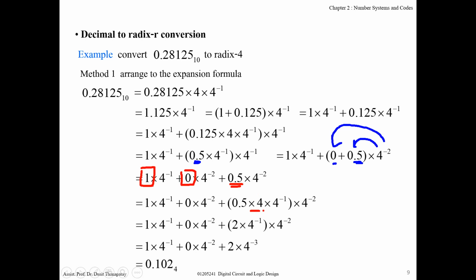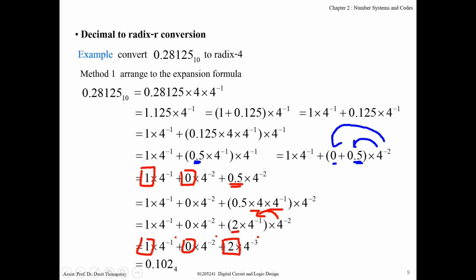Again, I multiply and divide by 4. Now it becomes 2. And then when I multiply 4 to the power of 2 to this one, it becomes 4 to the power of minus 3. Now it's okay, right? 1, 0, 2. Okay, 4 to the power of minus 1, minus 2, and minus 3.